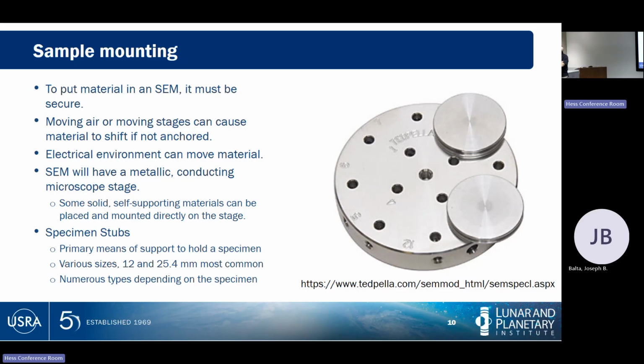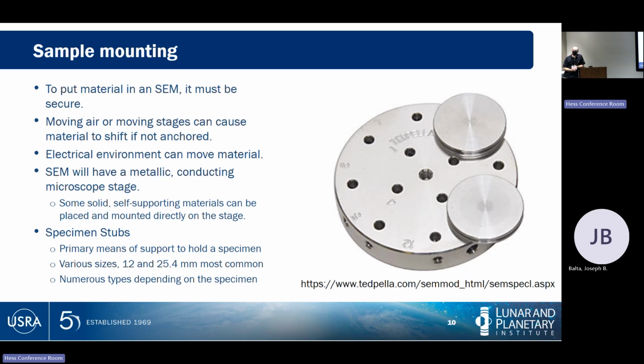Next, to get material into an electron microscope, it must be somehow secure. When you put it in, even on ours, the first thing that's going to happen is it's going to go from being at 1 atmosphere to being at 1 times 10 to the minus 5 atmospheres rather quickly. That's a big wind.